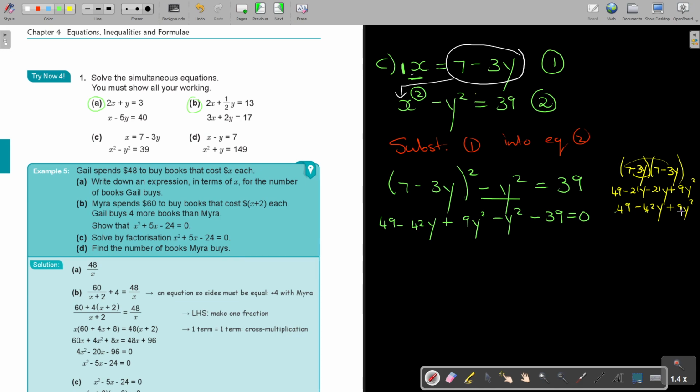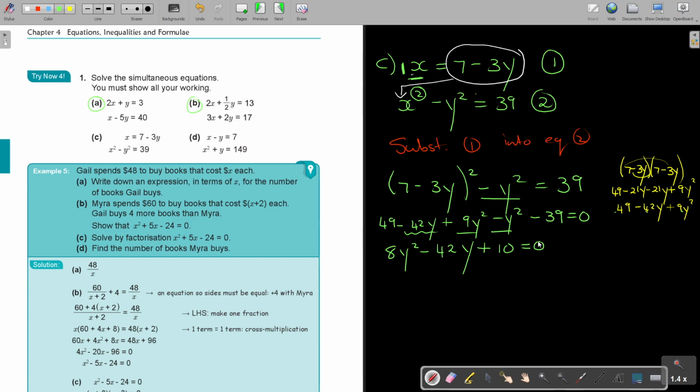There must be 3 terms at the end. Now I'm going to simplify and see what I get. This is 9 minus that 1, so it's 8y squared. Then minus 42y. And then this is plus 10. And that's equal to 0.